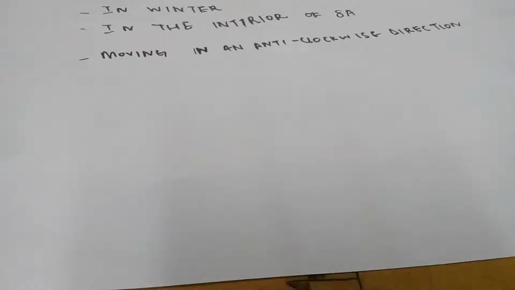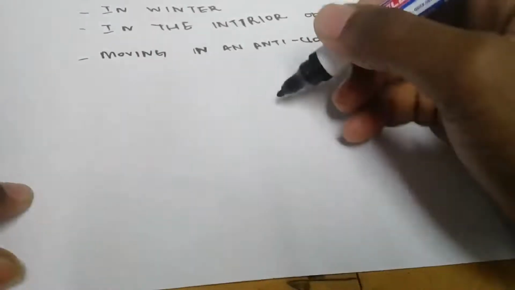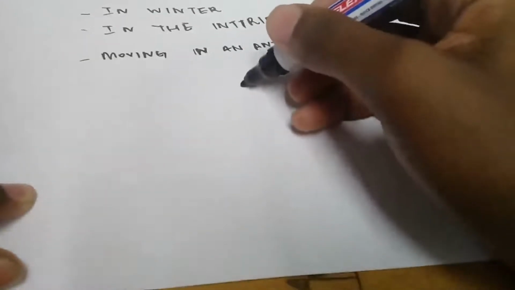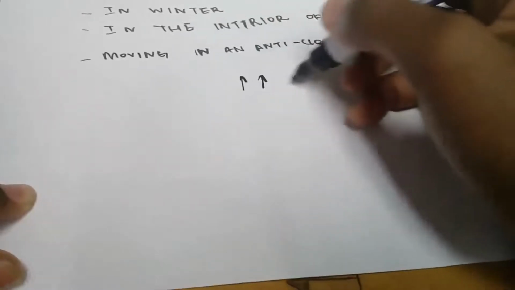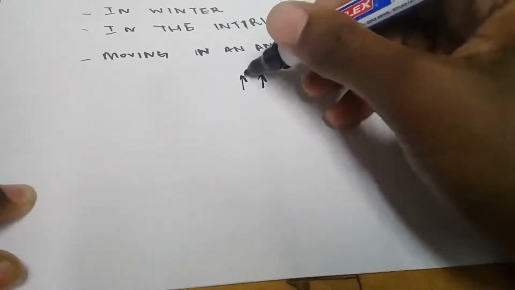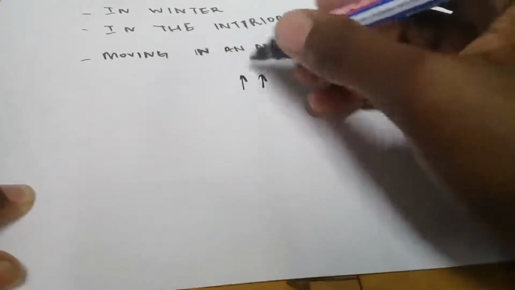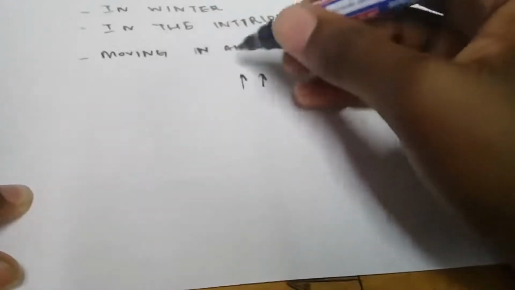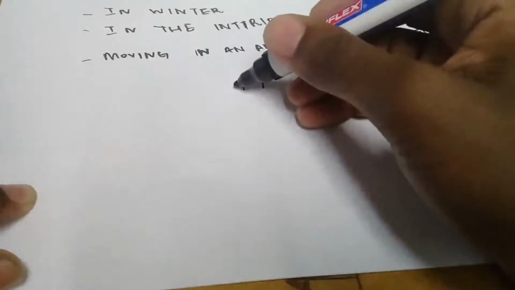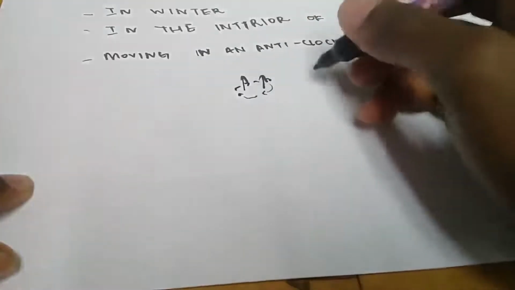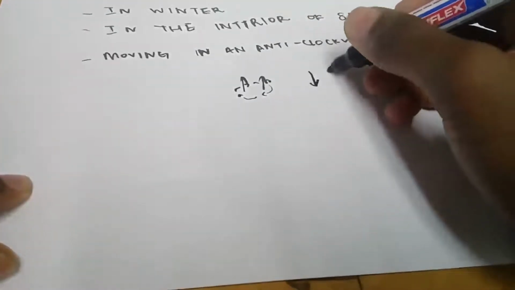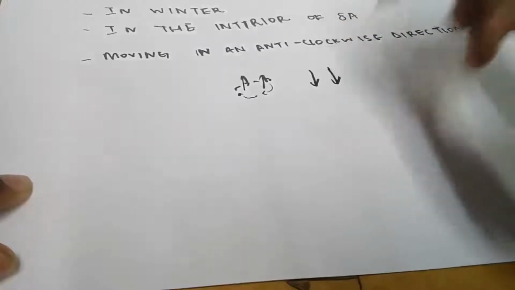The air is not moving upwards. It's going down, causing high pressure. It's not moving upwards, causing low pressure. Because if it was moving upwards, it would move in a clockwise direction like this. So now the air is moving down over the interior of South Africa, causing high pressure.